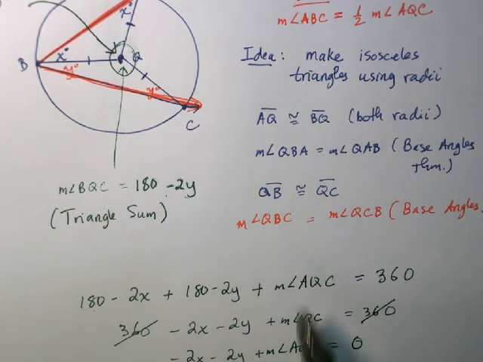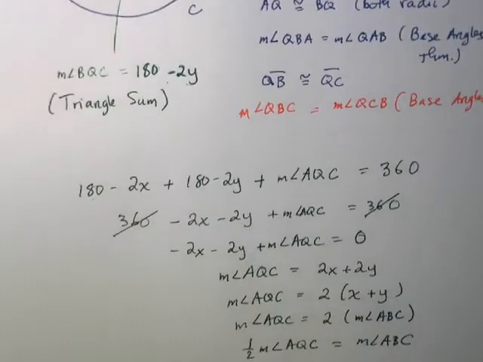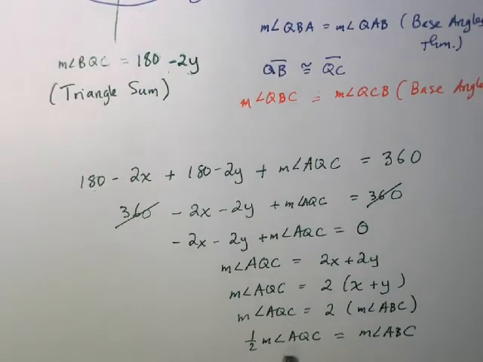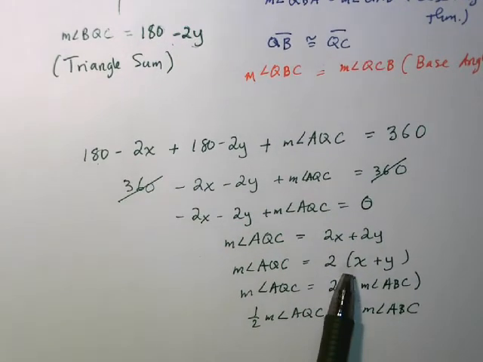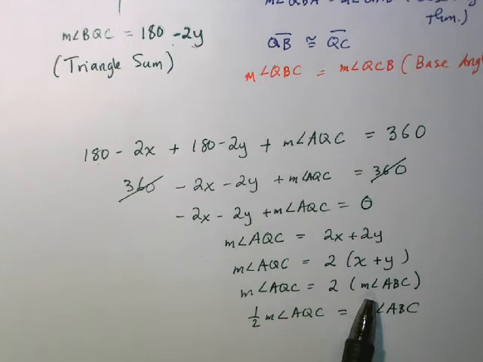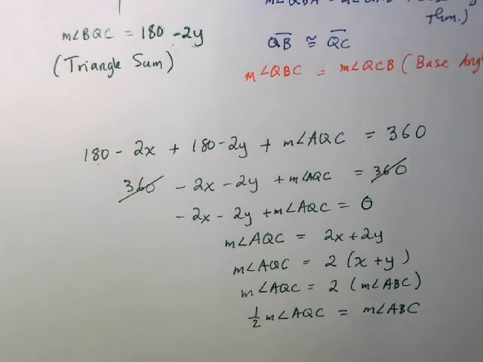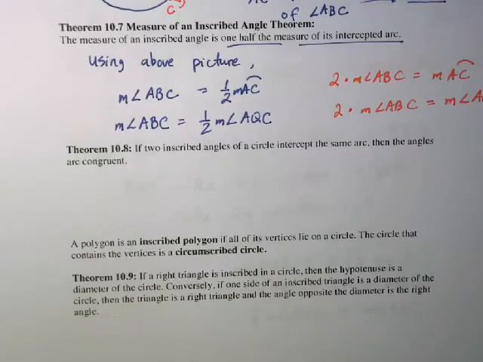And then we're looking at the circle, and the rest of the stuff in green here is just algebra that shows that AQC must be equal to 2 times x plus y, or 2 times the measure of ABC. Okay, so there you have it. We have completed Theorem 10.7.